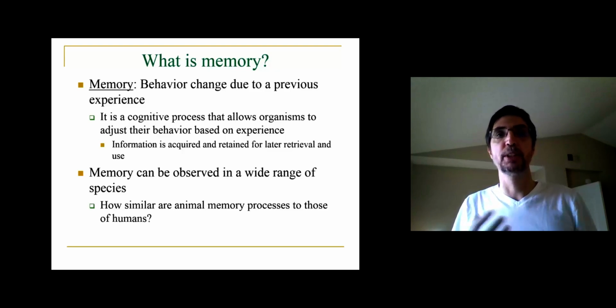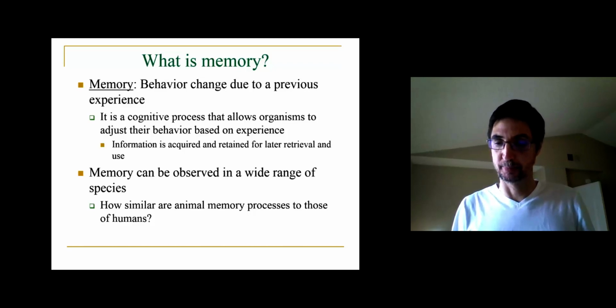If you've studied memory and cognition, you know that there are distinctions between types of memory systems. You see certain phenomena that are characteristic of human memory, and what researchers want to know is, do those things also apply to the memory systems of other animals?